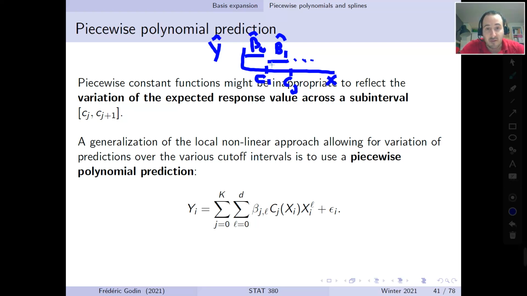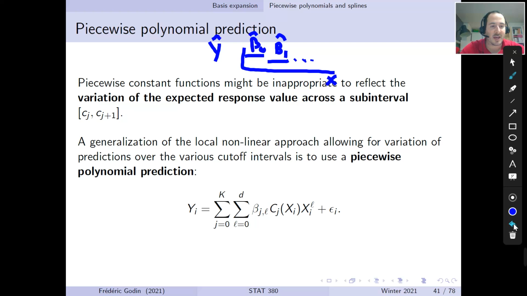Also, the fact that you have piecewise constant values, so maybe instead of having steps like this, you expect to have a more smooth variation within the buckets, or within the intervals C1 to C2, C2 to C3, etc. So instead of having something constant, maybe you'd like to have a decreasing function in the above example. So this calls for an extension of the existing method to provide cleaner behavior for prediction.